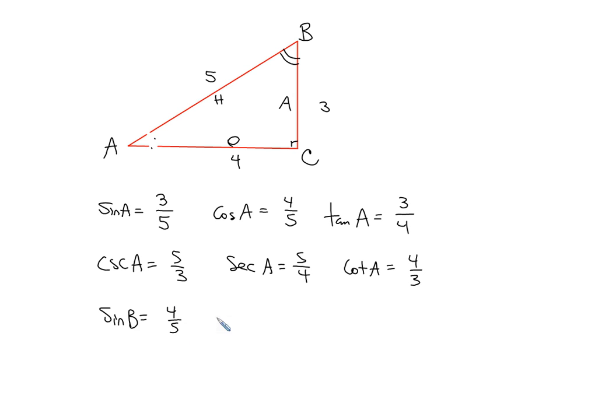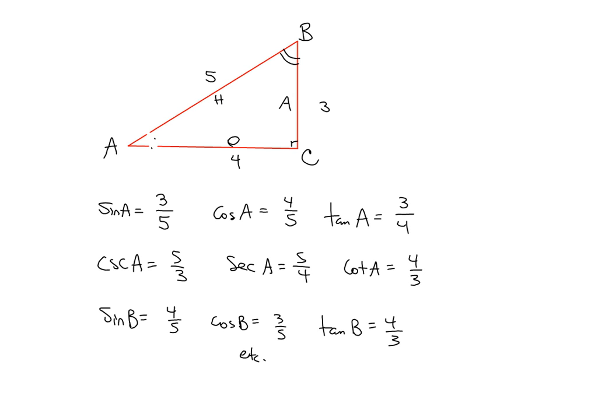Four over 5. What would cosine of B be? 3 over 5. What would tangent of B be? Opposite over adjacent. And then you could do the same thing with the reciprocal functions. So that's your basic right triangle trig. Okay?